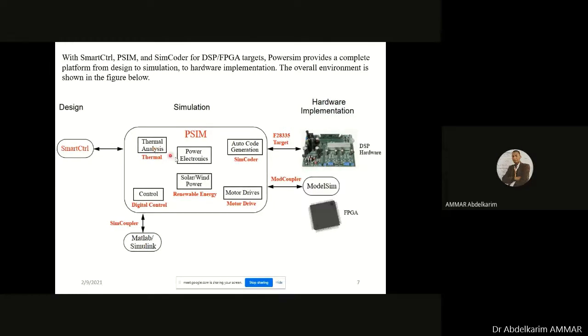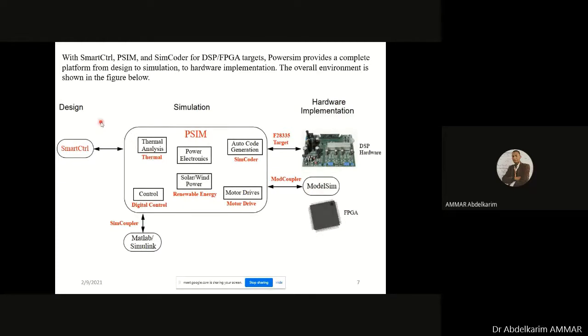Okay, so how can we conclude the work with Psim? Inside Psim, we can have power electronics, renewable energy, thermal modules, SimCoder, motor drive. This is the simulation inside Psim. Outside Psim, we can do some hardware implementation using DSP hardware or FPGA.